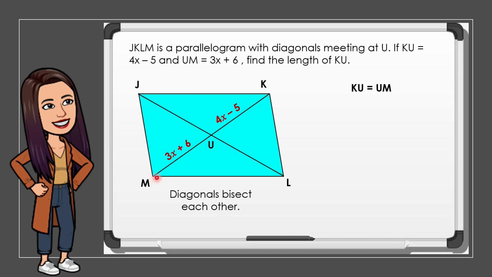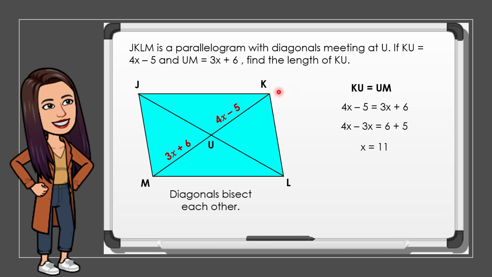Therefore, our equation must be KU is equal to UM, in which KU is equal to 4x minus 5 and UM is equal to 3x plus 6. So let us now combine the like terms here. Therefore, we have 4x minus 3x is equal to 6 plus 5, in which this one is equal to 11. So the value of x is equal to 11.